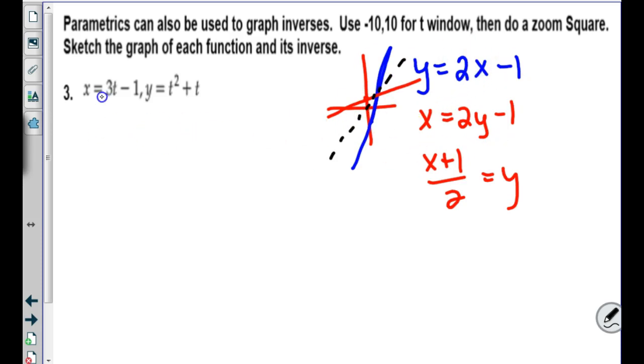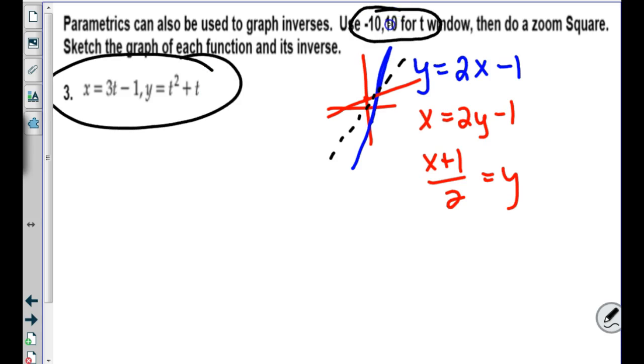Okay. We're going to do this problem. I want you to type this in. Use -10 to 10 for t, put our t-step back to 0.1, and then just do a zoom square.